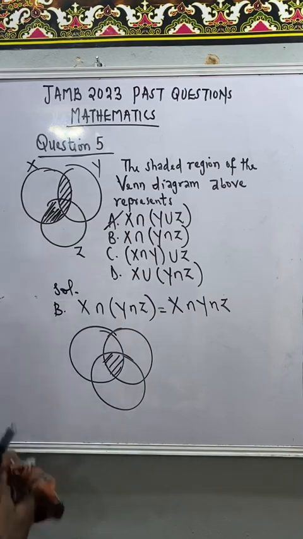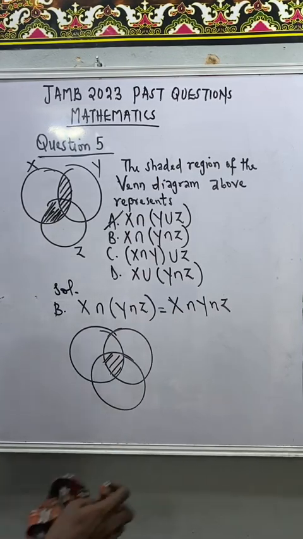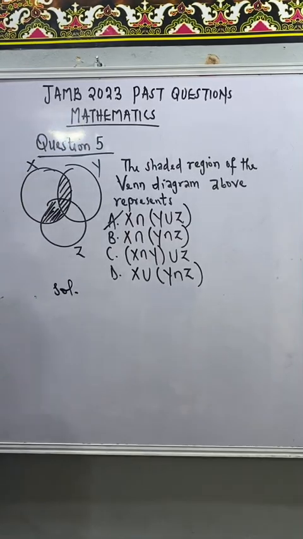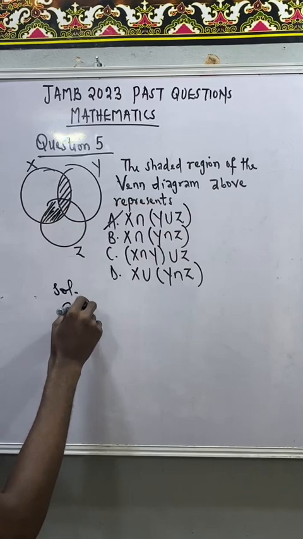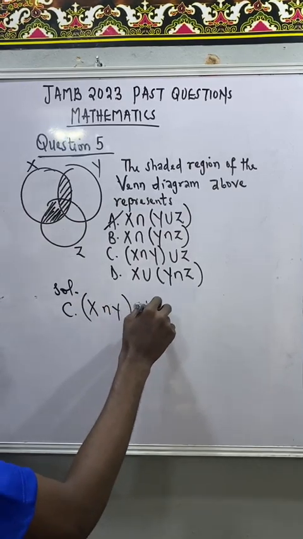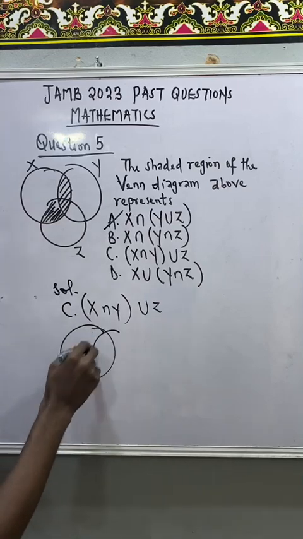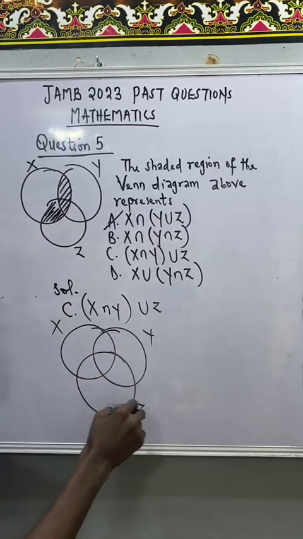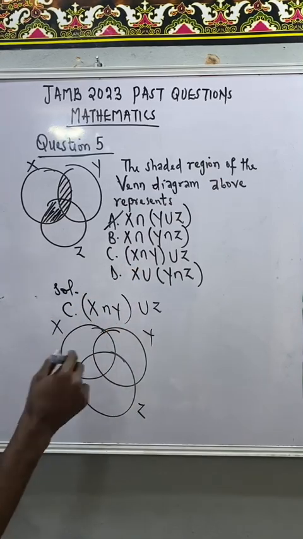Now let's go to option C. We have X intersection Y union Z. Let's redraw our diagram. This is X, this is Y, and this is Z. X intersection Y first.